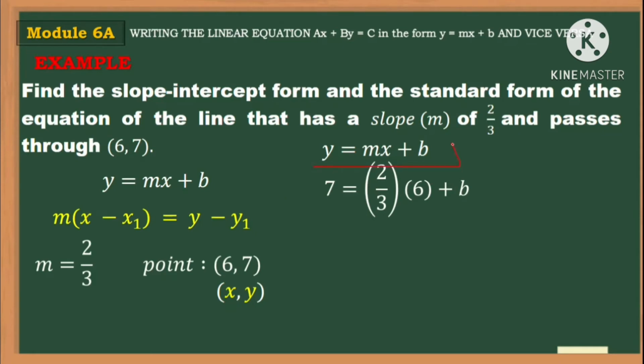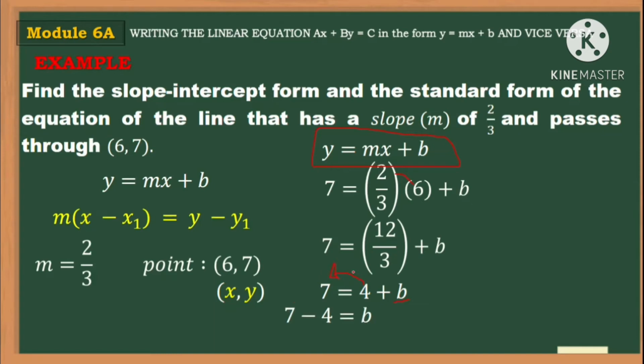So simplify, 6 times 2 is 12, then divided by 3. 12 divided by 3 will give us 4. Then solve for b. Transpose natin ang 4, that is 7 minus 4, which is 3, equal to b. So the value of b here is 3.